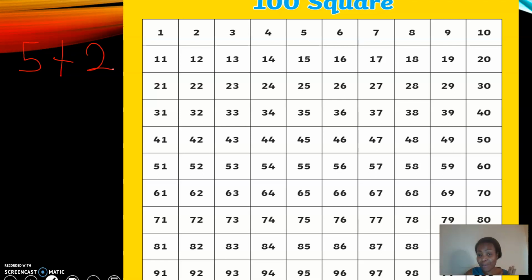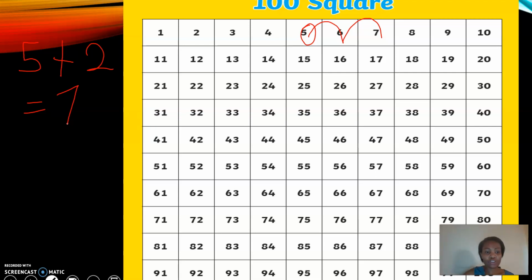First, you remember that you keep the bigger number first. So where is our 5? Here is our 5. Okay, so you stand on 5. How many jumps are you going to make? We're counting on 2 jumps. So we have 6 and then 7. So 5 plus 2 gives us what? 7. That's right. We use the row, so we're just counting in ones.